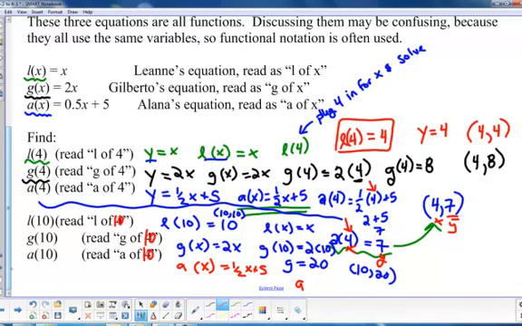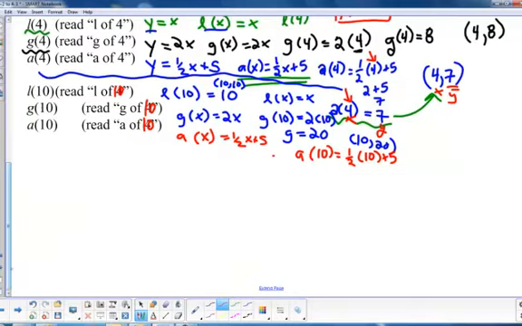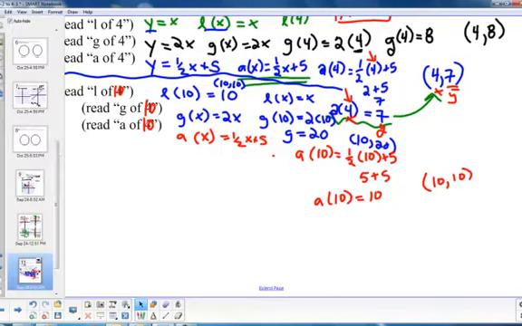Alrighty, so a of 10 would be 1/2 times 10 plus 5. Well, 1/2 times 10 is 5. And 5 plus 5 is 10. So Elena, when you plug 10 into her equation, you get 10. That's the ordered pair 10, 10, ironically. Same as Leanne.